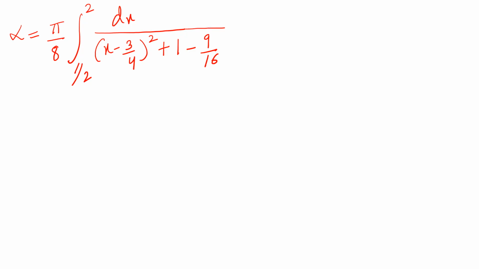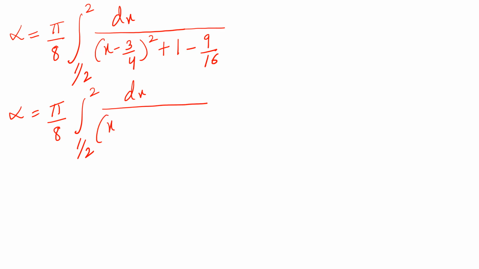right? Now alpha becomes equal to pi upon 8 into integral 1 upon 2 to 2 dx upon x minus 3 upon 4 whole square plus 7 upon 16. Now 7 upon 16 can be written as root 7 upon 4 whole square.